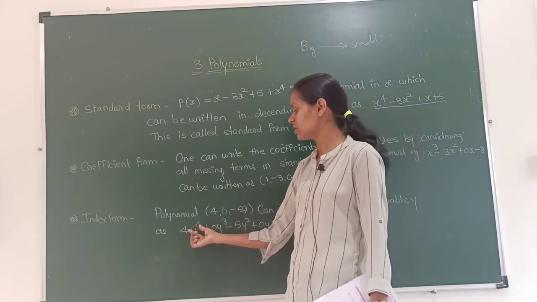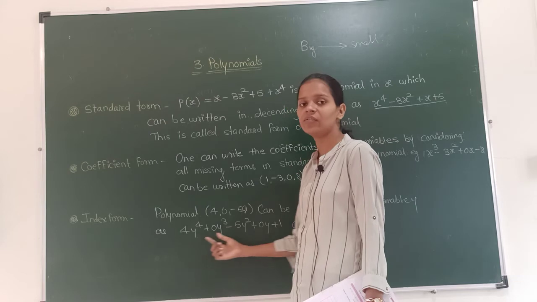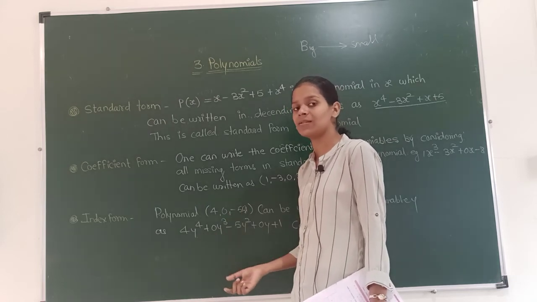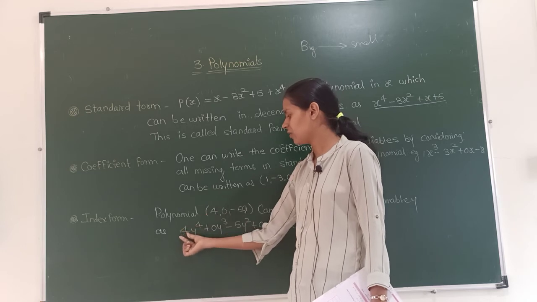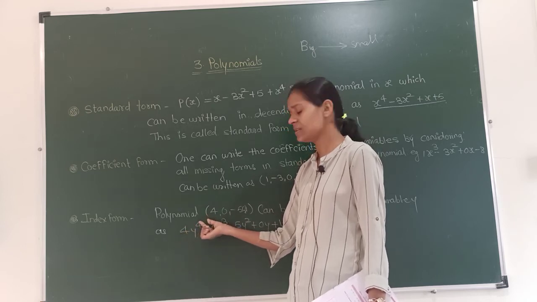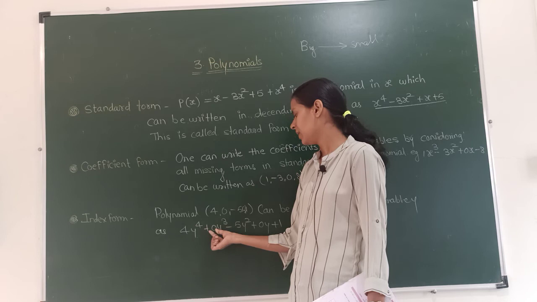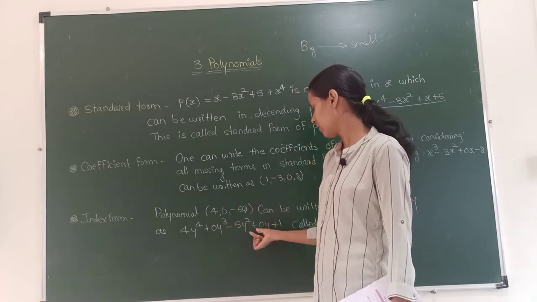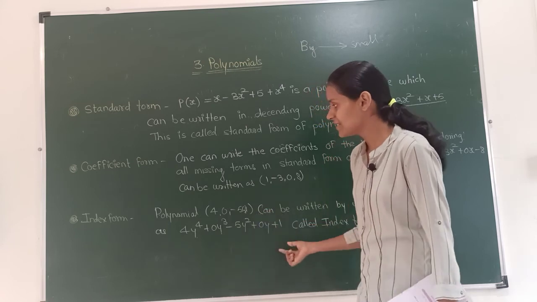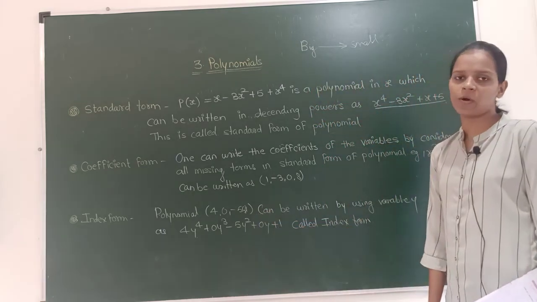These are the 5 coefficients and we have to convert them into a polynomial by using variable y. We converted them. We take the coefficient 4: 4y raised to 4 plus 0y raised to 3 minus 5y square plus 0y plus 1, and this is called the index form of a polynomial.